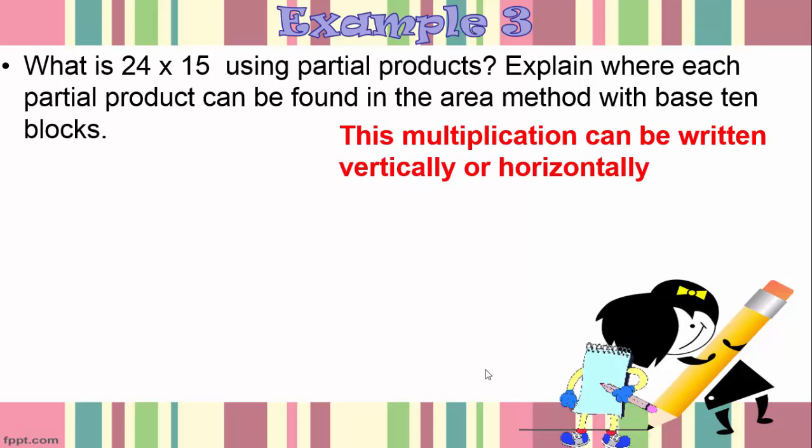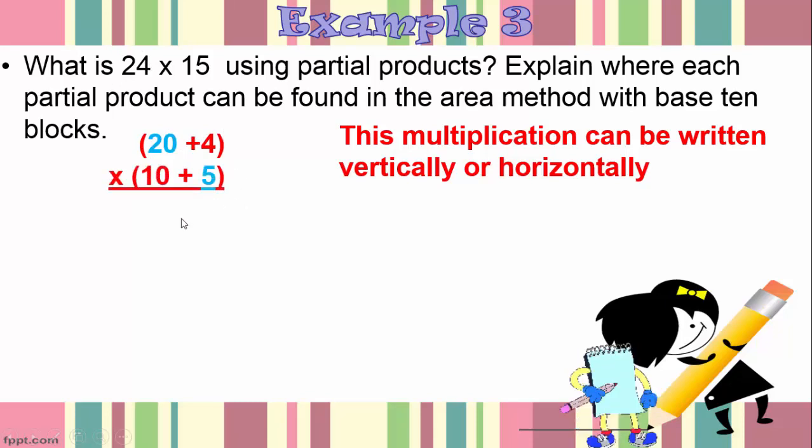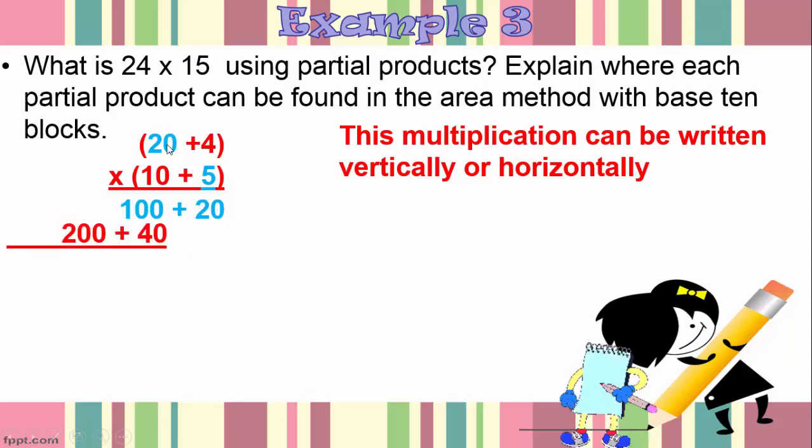I will first do it vertically. 20 plus 4 is from 24, here's the tens place, here's the ones place, times 10 plus 5 from the 15, the tens place and the ones place. I multiply 20 times 5 to get 100, and then I multiply 4 times 5 to get 20. Then I multiply 20 times 10 to get 200, and then I multiply 4 times 10 to get 40.